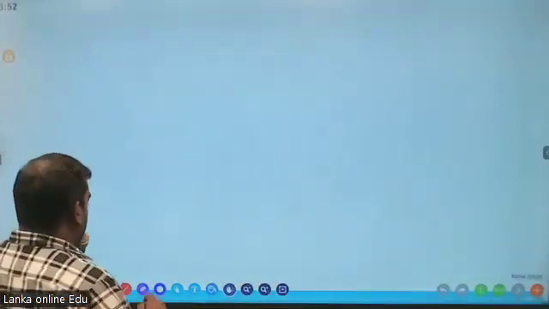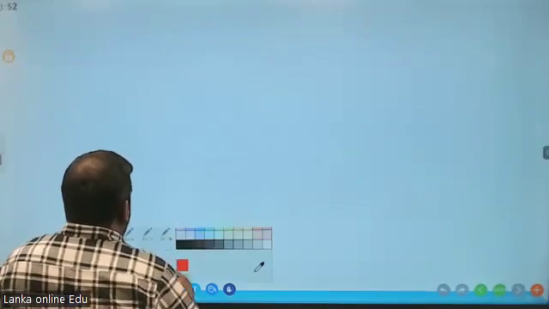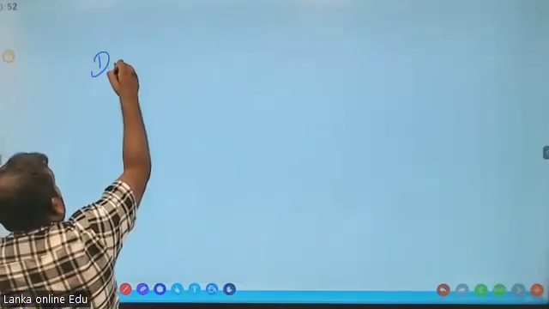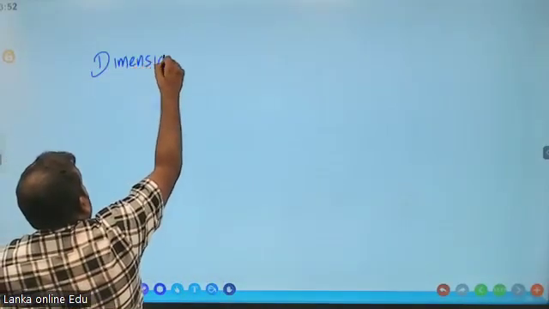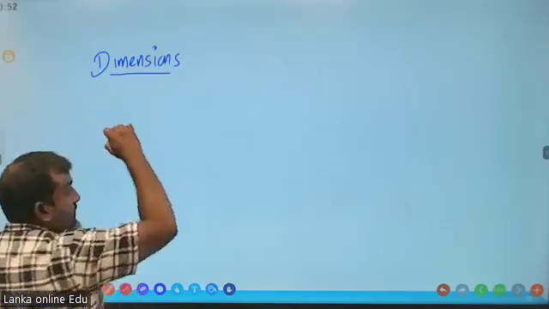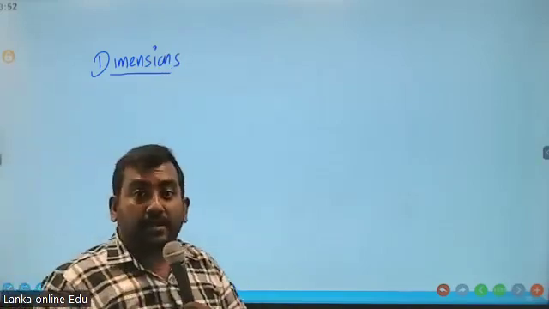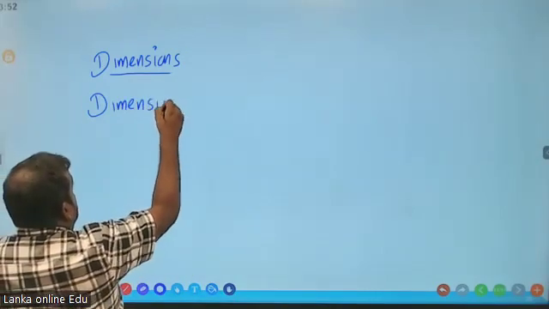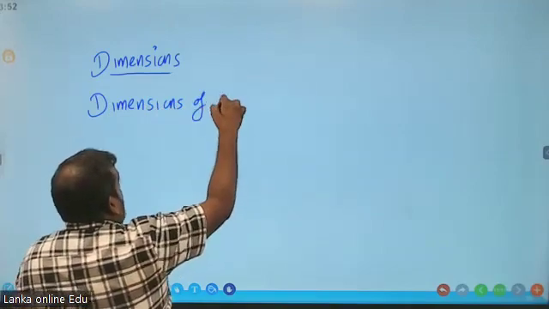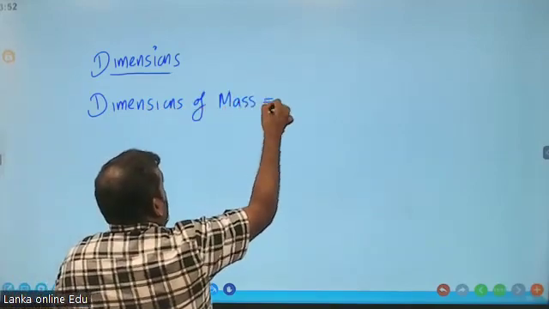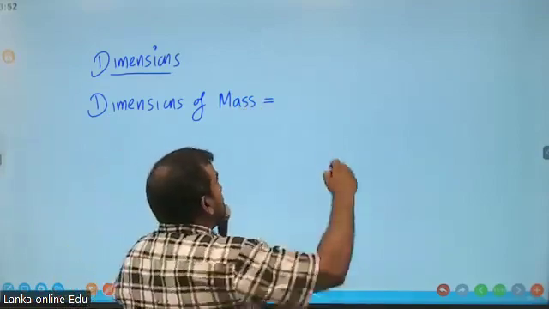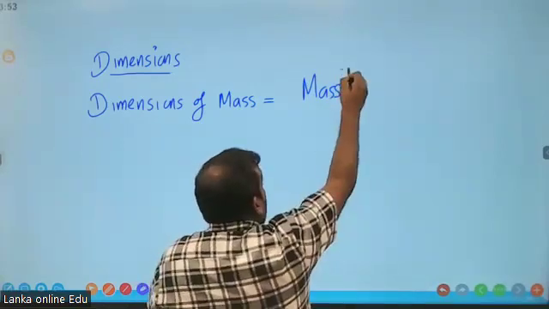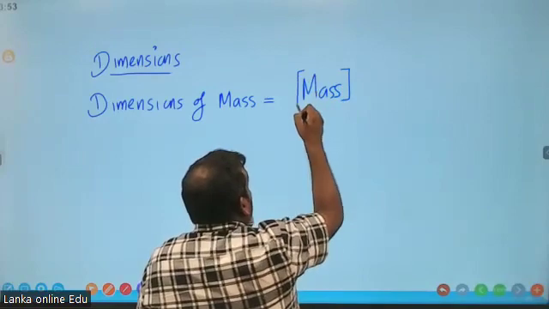If there is a physical quantity, the universal method of representing it is called dimensions. How do you represent a dimension? Look at this carefully. Let's say dimensions of mass. We represent it like this: mass in square brackets.